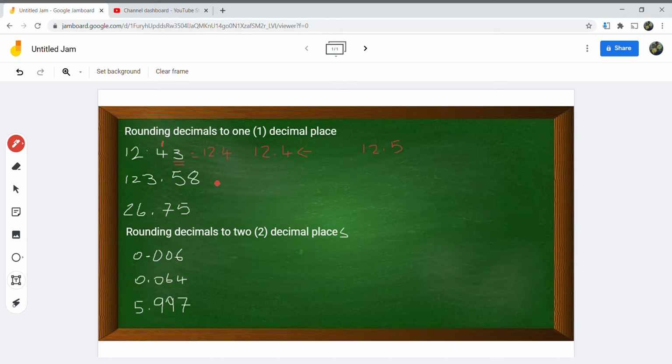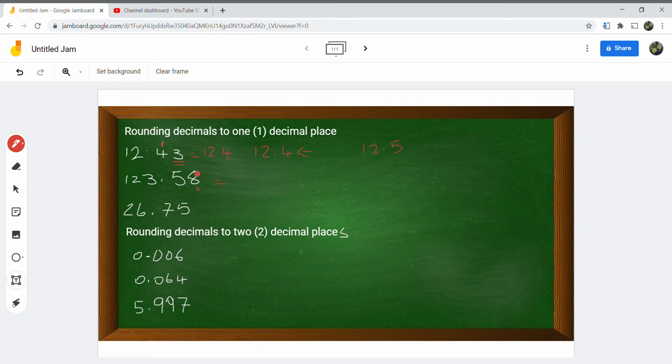So let's go on to this one here. We have 123.58, or 123 and 58 hundredths, and we're going to round that off to one decimal place. Again, we look at the hundredths position because we are rounding off the tenths.